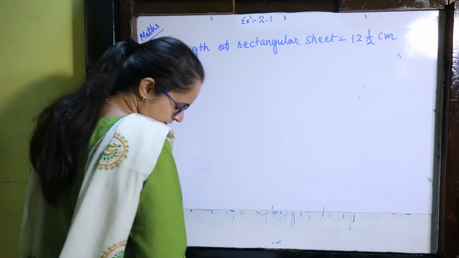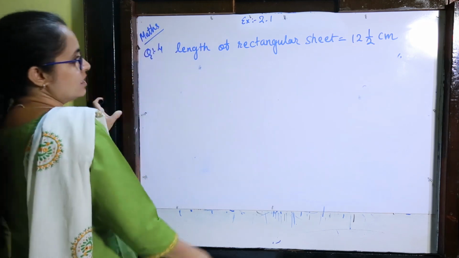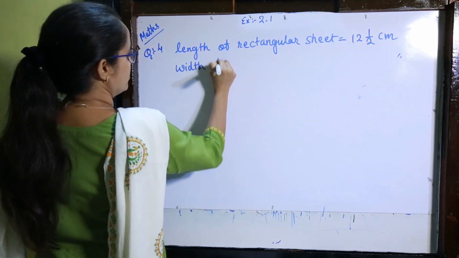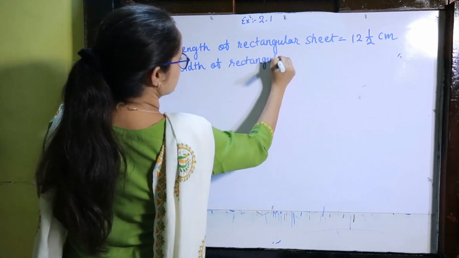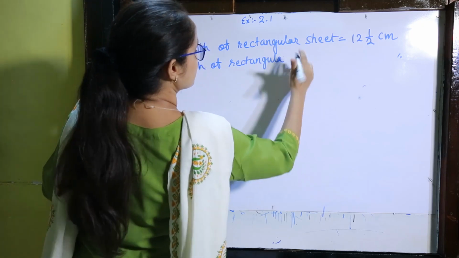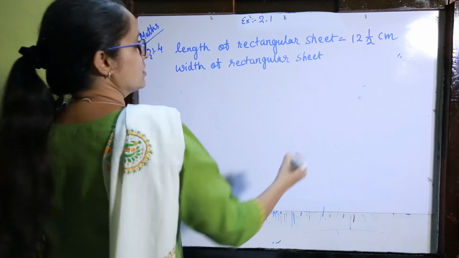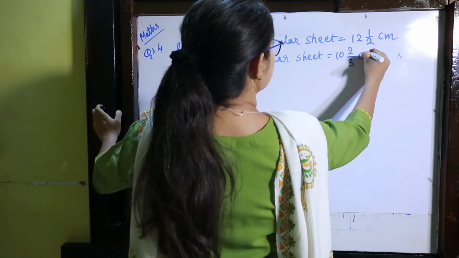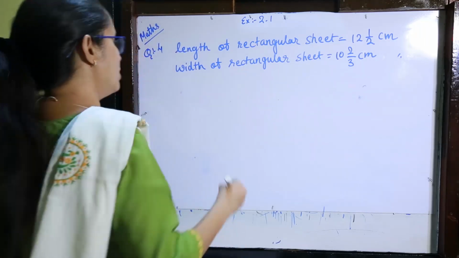Okay, and it is 10 2/3 centimeter wide. So the width of the rectangular sheet is equal to 10 2/3 centimeter. Okay, and you have to find the perimeter of this.